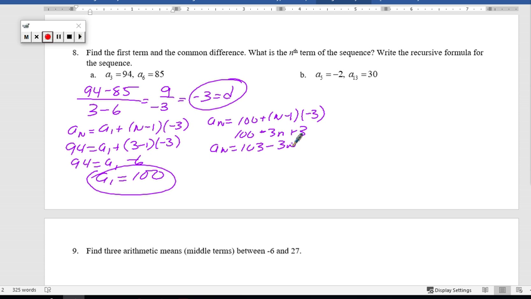If I want to write this recursively, I need to be given first that first term of 100, and then it's going to be A sub n is equal to the term before minus 3, which is our common difference.